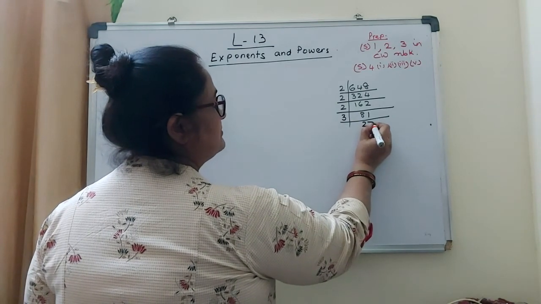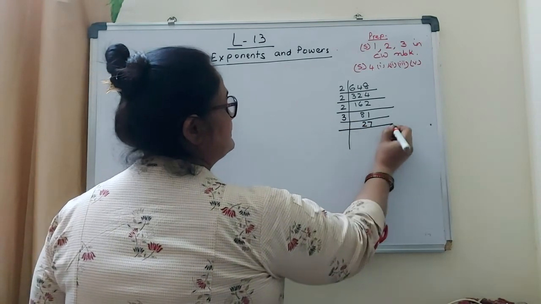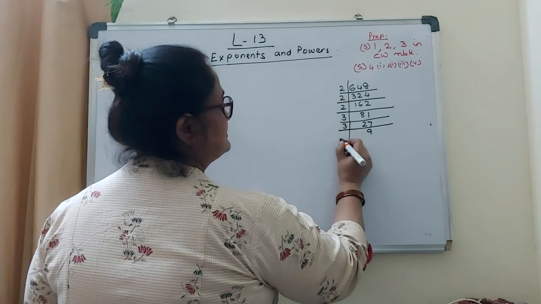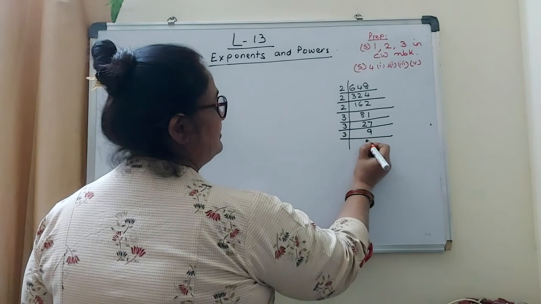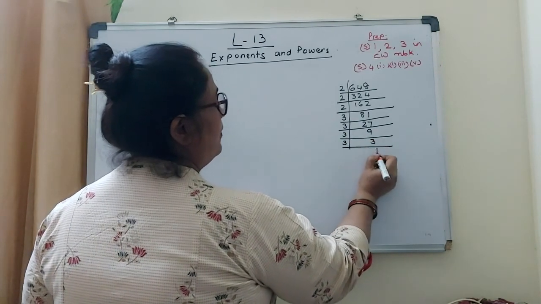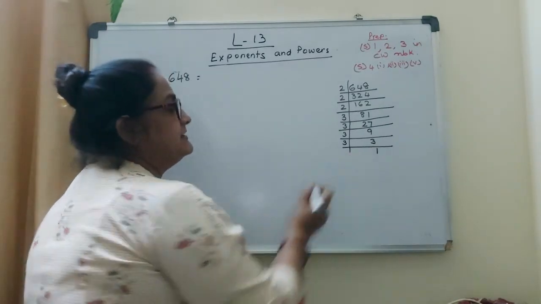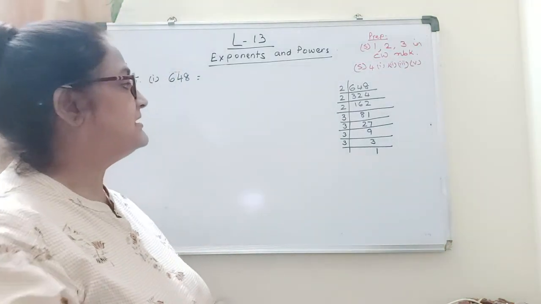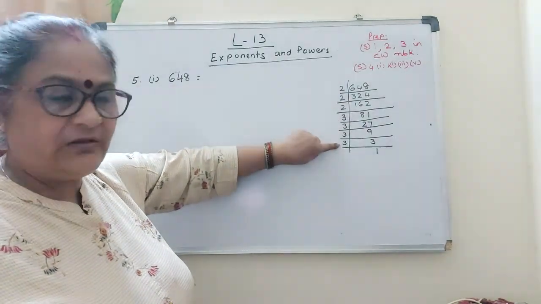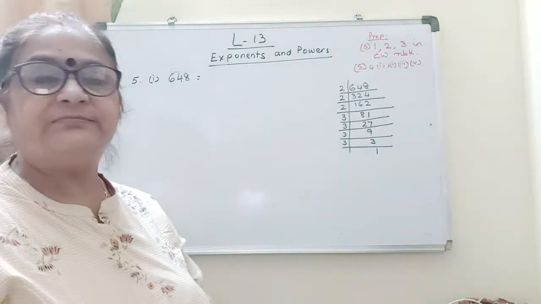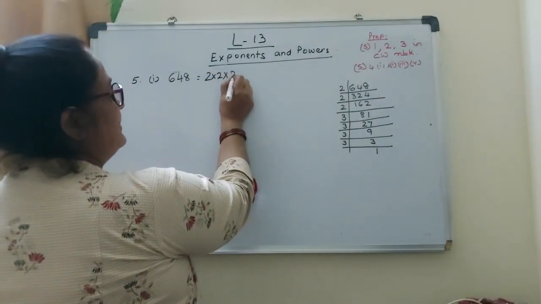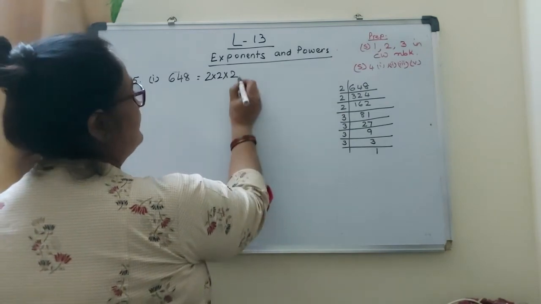3 2s 6, 3 7s 21. Again with 3, 9 3s are 27. With 3, 3 3s are 9. 3 1s. So now you are getting 2 different factors. You are getting factor 2 as well as factor 3. So both the factors must be written. 2 multiplied by 2 multiplied by 2. 2 is coming only 3 times.